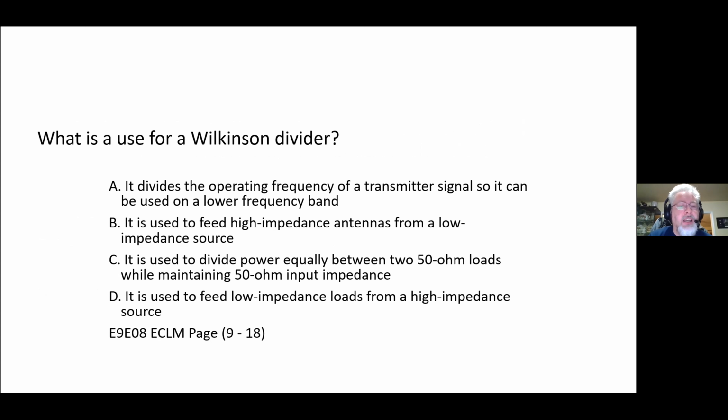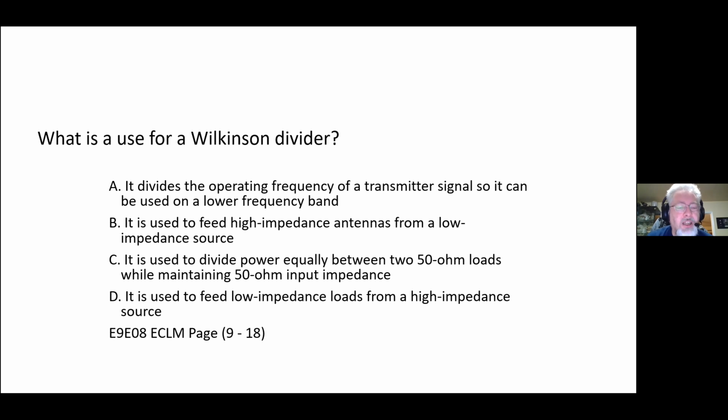What is a use for a Wilkinson divider? A, it divides the operating frequency of a transmitter signal so it can be used on a lower frequency band. B, it is used to feed high impedance antennas from a low impedance source. C, it is used to divide power equally between two 50 ohm loads while maintaining 50 ohms input impedance.